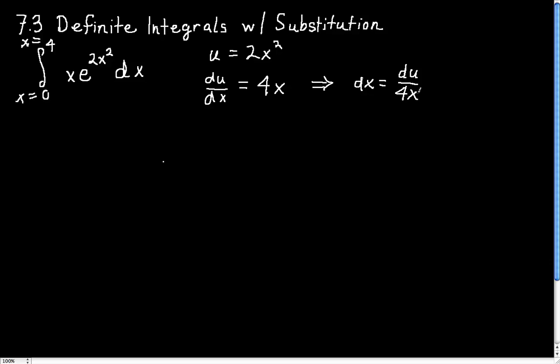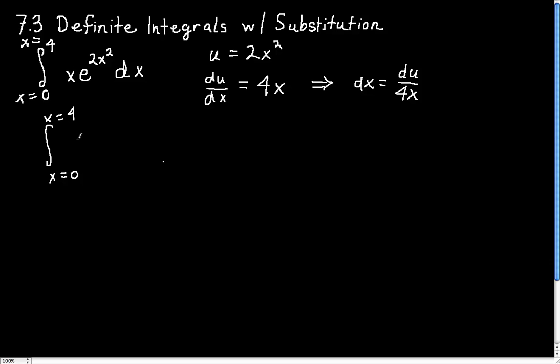And so the idea with integration by substitution is that if I make these substitutions right here, this one for u and this one for dx, I get something that I know how to integrate, something that I know an antiderivative for. So let's go ahead and make these substitutions. I get the integral from x equals 0 to x equals 4.